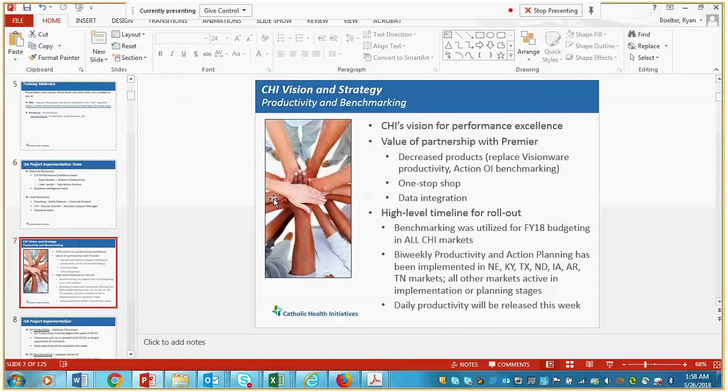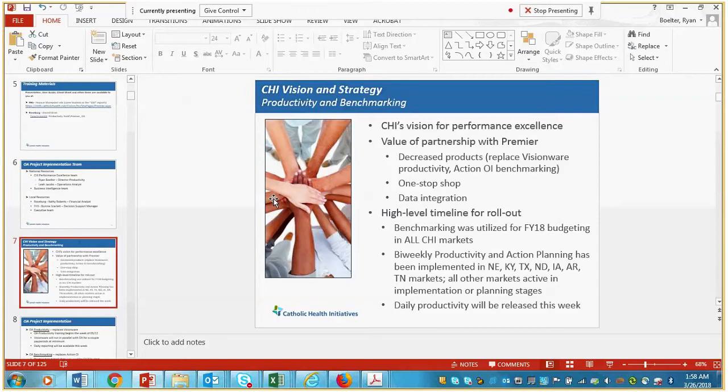And so from a labor management perspective, it was an opportunity for us to replace an aging and outdated Visionware product and also replace our benchmarking product, which these were two disparate products. We were able to get one integrated product through the Premier Operations Advisor tool.